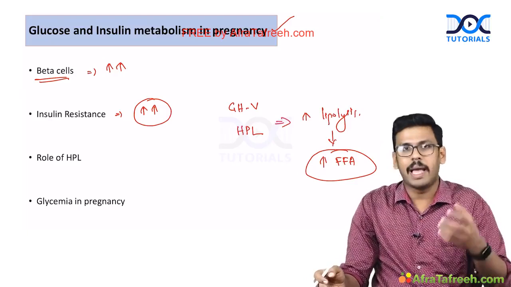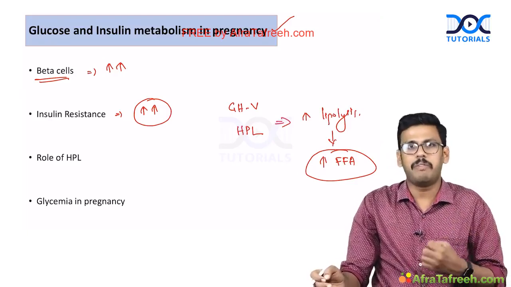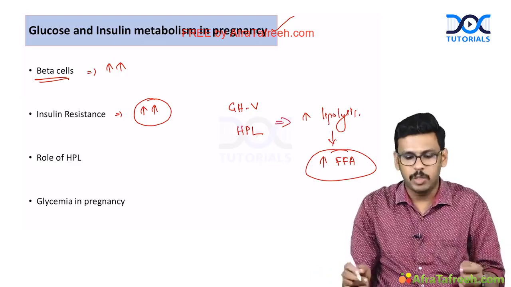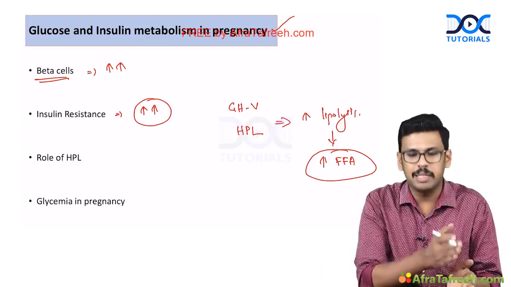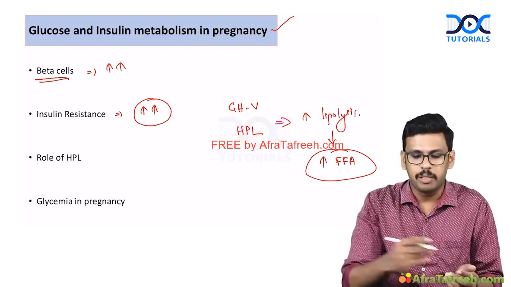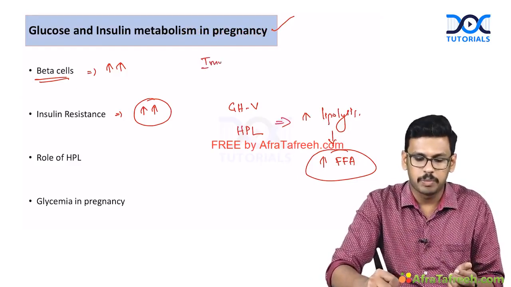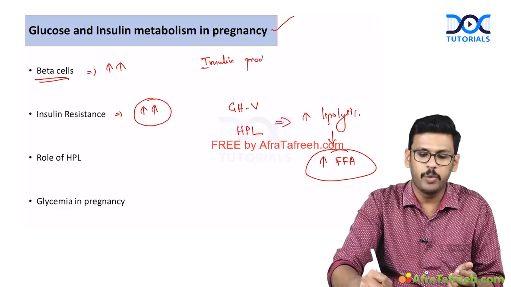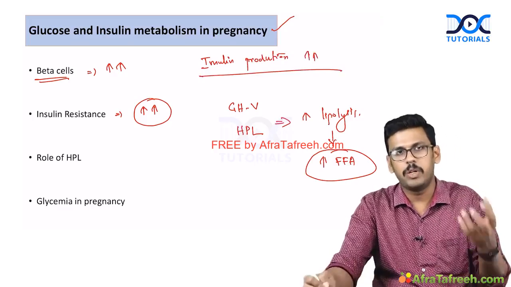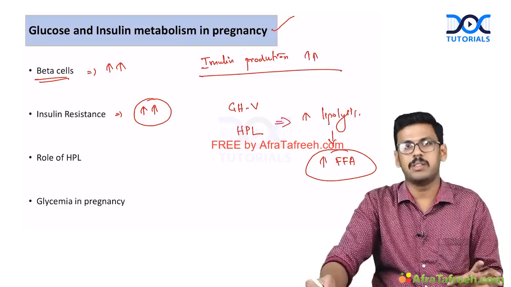Because there is excessive circulating concentration of free fatty acids in the mother, that will induce insulin resistance. That is why insulin resistance is increasing, but the beta cell proliferation is also there. Therefore, the insulin production during pregnancy increases. Both insulin production as well as insulin resistance increase.